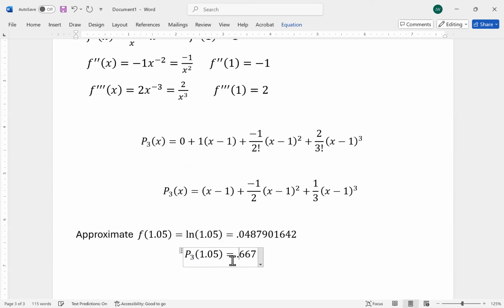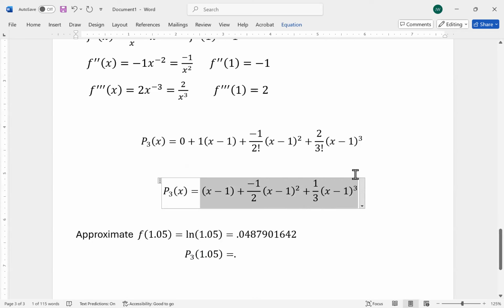Now, if you plug 1.05 into this degree 3 polynomial, again, same thing as before, except now we are degree 3 instead of degree 5.